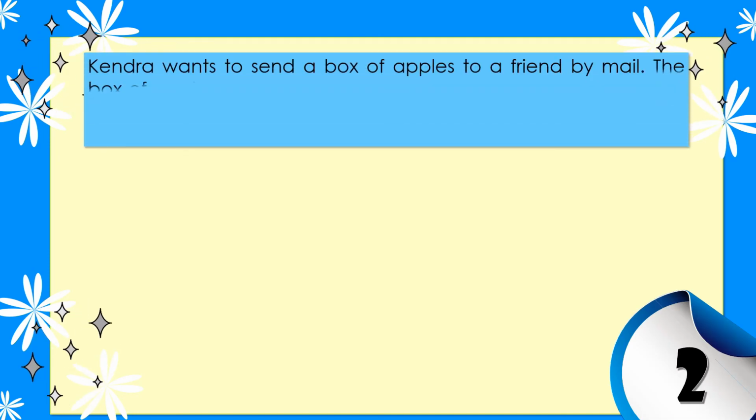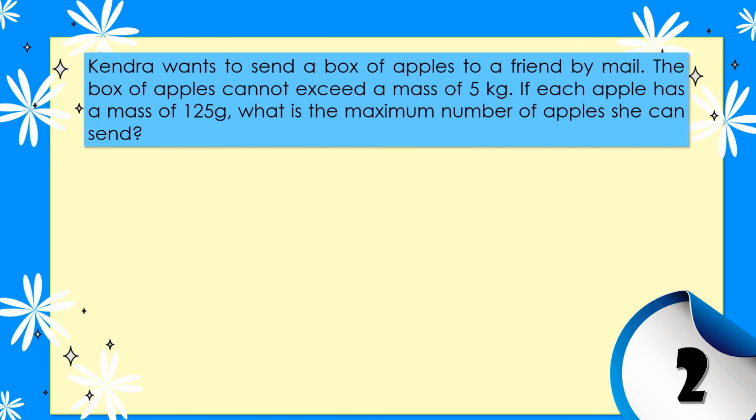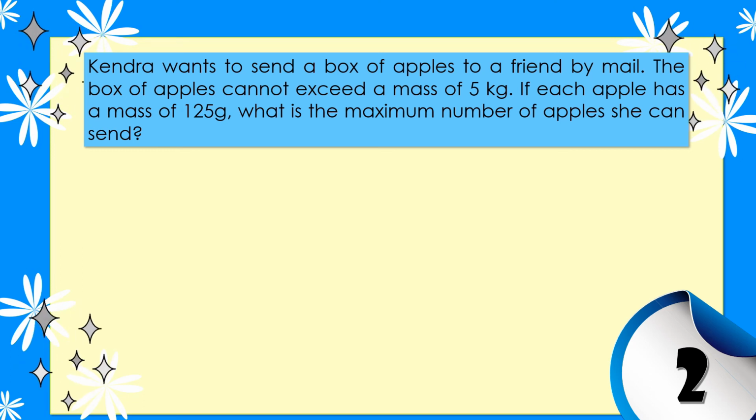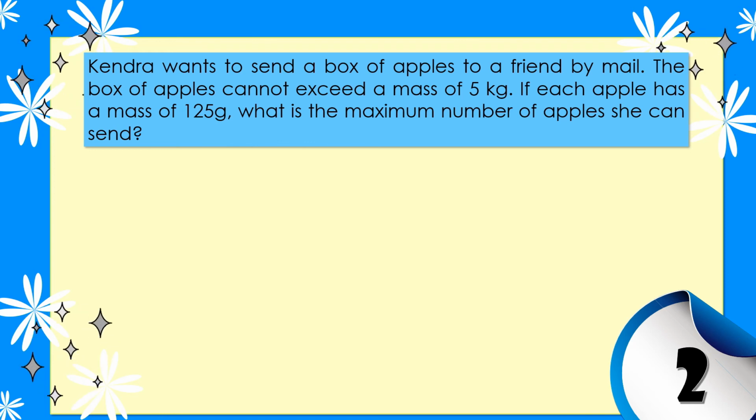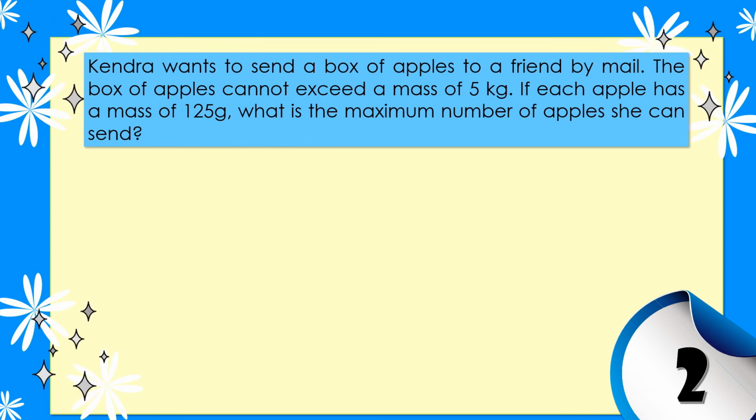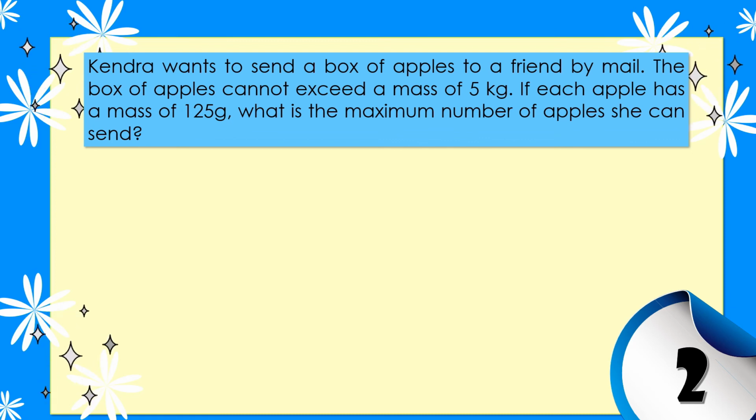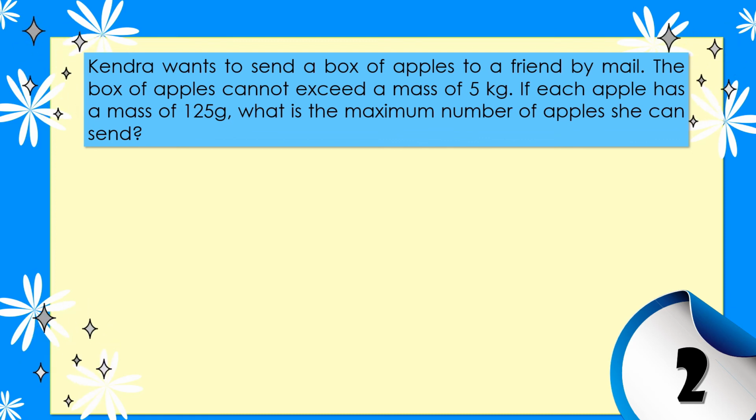Down to our last example. Kendra wants to send a box of apple to a friend by mail. The box of apples cannot exceed a mass of 5 kilograms. So, if each apple has a mass of 125 grams, what is the maximum number of apples she can send? So, ang gagawin natin, pagparehasin natin yung kanilang unit of measurement. So, yung kilogram, hanggang 5 kilos lang daw pwede.